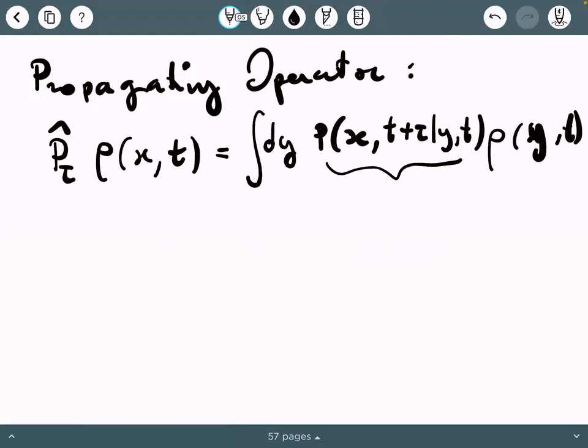So in an operator sense, it's clear to you that this is an operator equation.